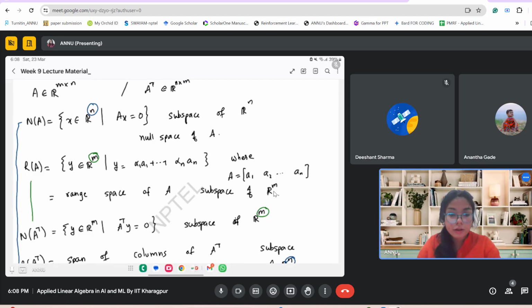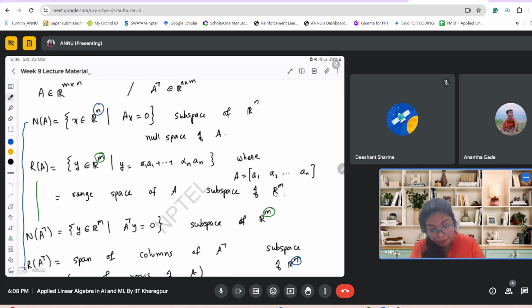Moving ahead. You all know the null space is defined as all x belonging to R power n such that Ax is equal to 0. That is one of the subspaces of R power n. Reminding you again about the subspace: a subspace is closed under vector addition and scalar multiplication, provided it is also part of the vector space.